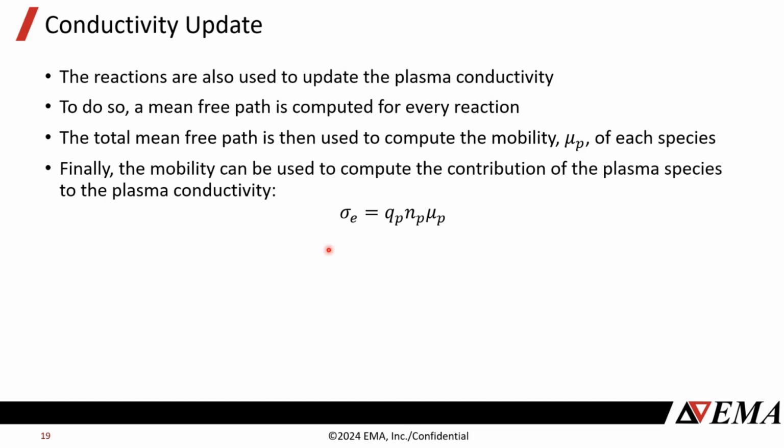That even comes into play with our conductivity, because our equation for the conductivity is just going to be the product of the species charge, density, and its mobility. That is the conductivity for that specific plasma species. To get the total plasma conductivity, you just add up the conductivity of each individual species. But typically, you will see that your electrons are what dominates this conductivity, by the way.